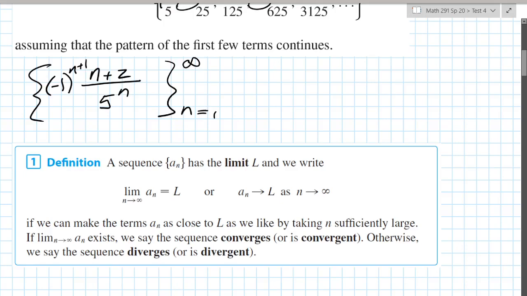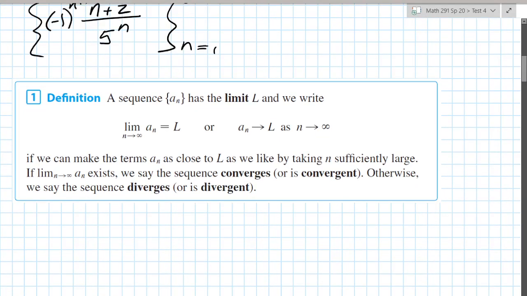And that is, we can make the a sub n terms as close as we'd like to L by taking n to be sufficiently large. And if the limit exists, we say it converges or is convergent. Otherwise, the sequence diverges or is divergent.